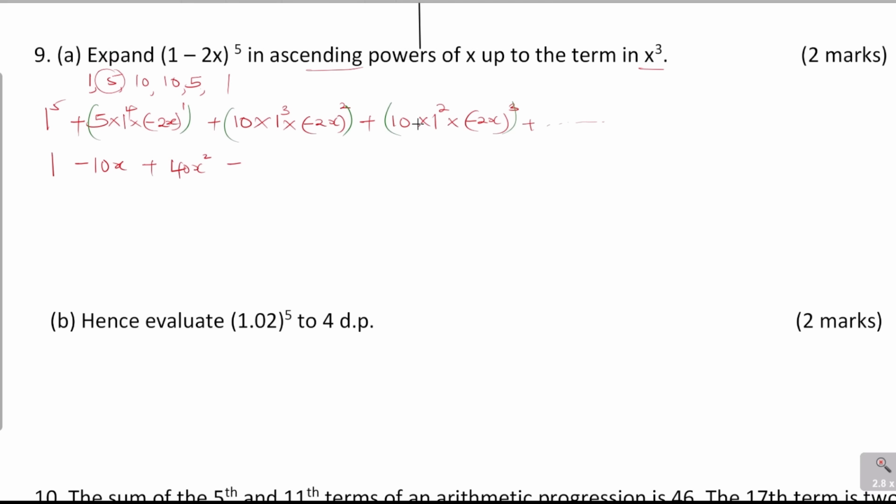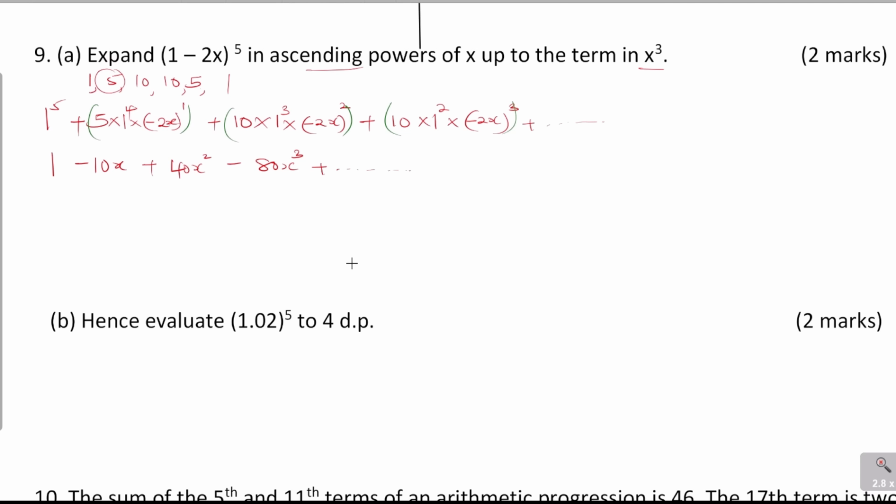Then subtract, these are 10 multiplied by 1 squared, so negative 2x cubed is negative 8, negative 8 times 10, that is negative 80x cubed. So that is the expansion up to the term in x cubed.